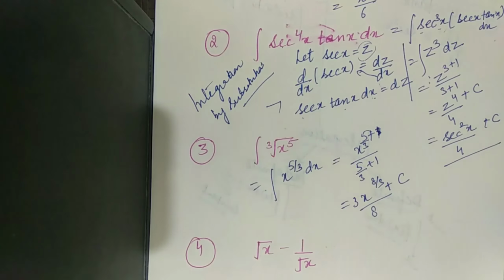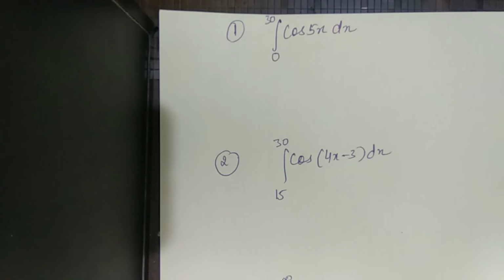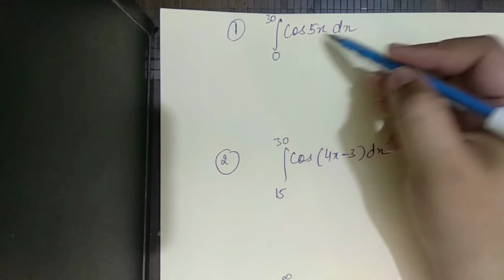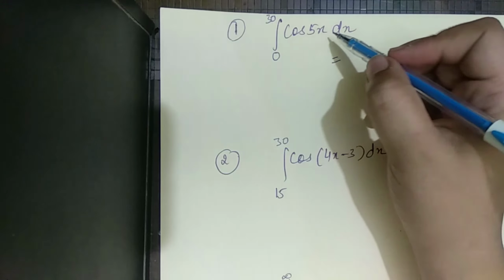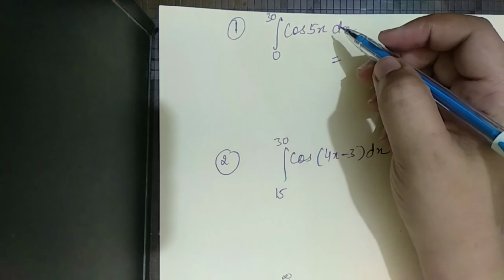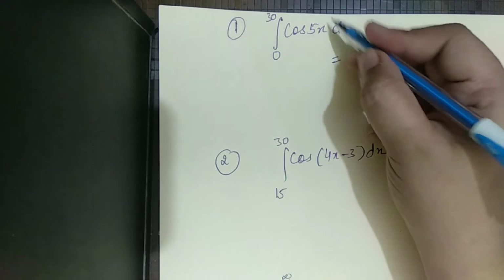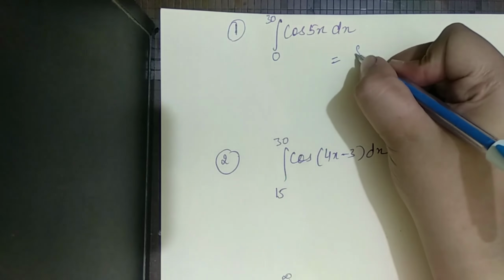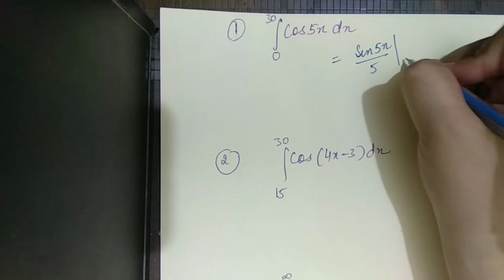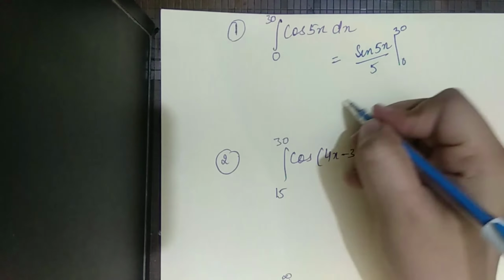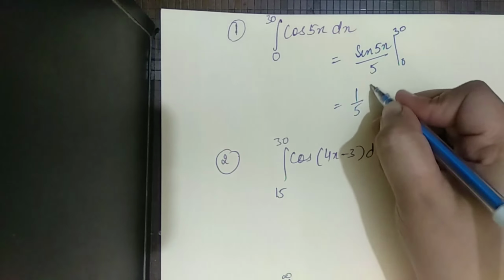Okay, so in case of definite integral, we have the first question, cos 5x from 0 to 30. We already know that the integral of cos nx is sin nx divided by n. So it will be sin 5x divided by 5, and 1 by 5 we take as common.